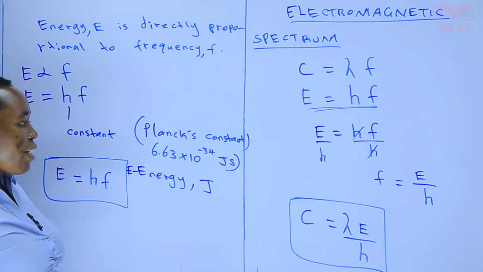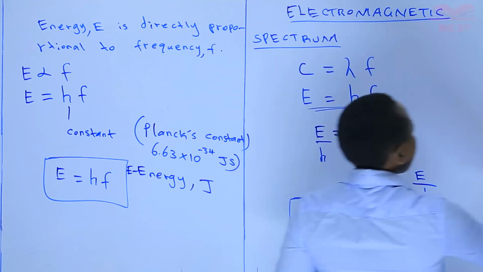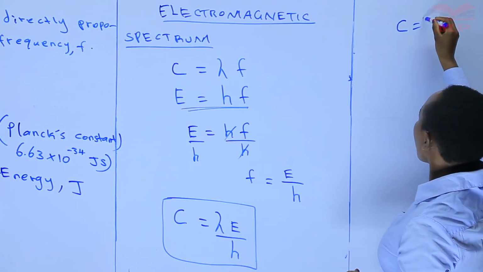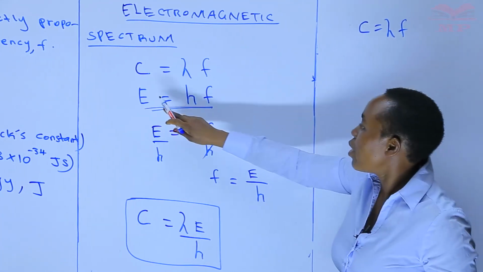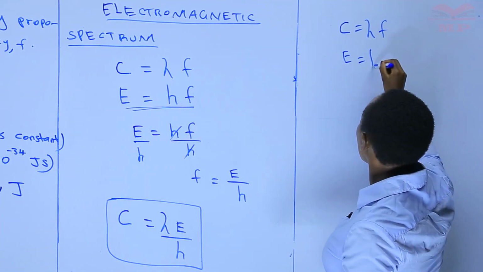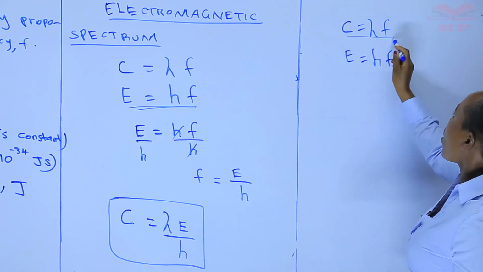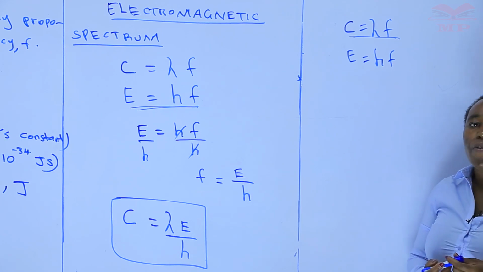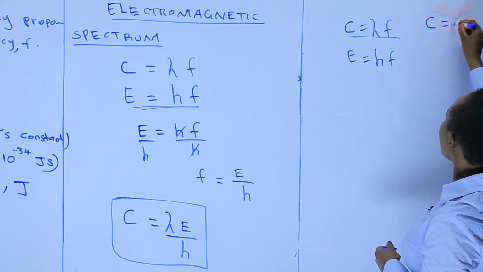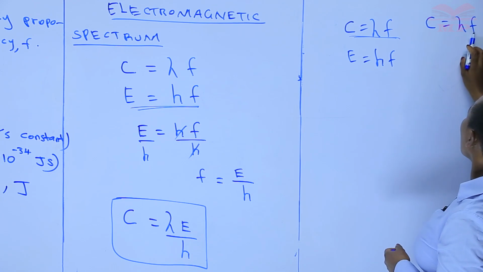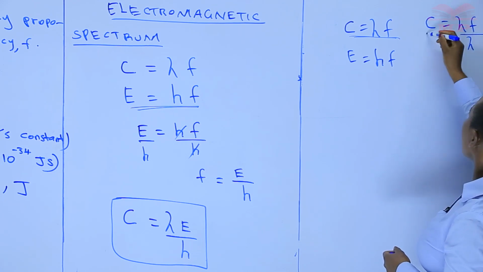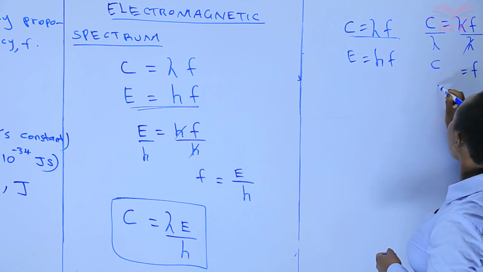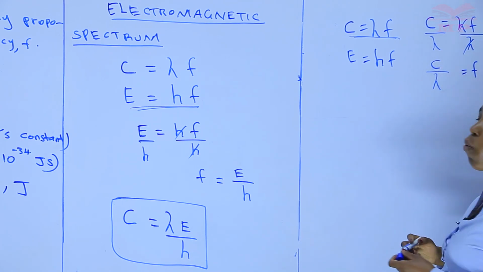And finally, we can derive another one, whereby our speed is equal to wavelength multiplied by frequency. We also have that energy is Planck's constant times frequency. Now, using the first equation, we can make frequency the subject again, whereby we have c equal to lambda f. When we want to make f the subject, we divide both sides by lambda. So we get that frequency is the speed of light divided by the wavelength.